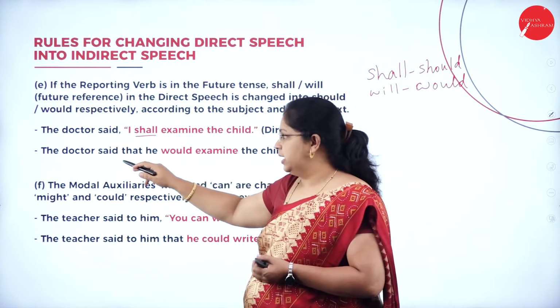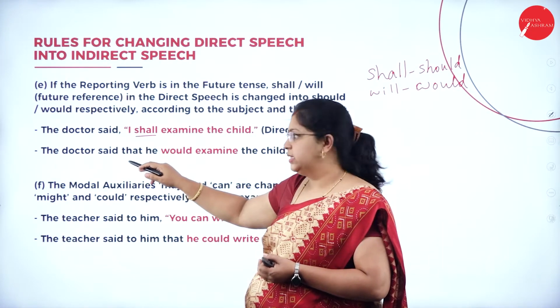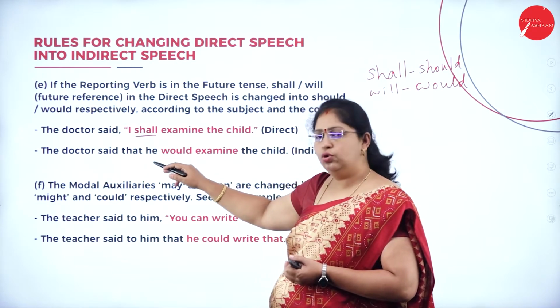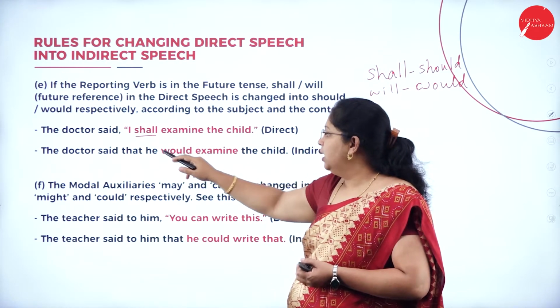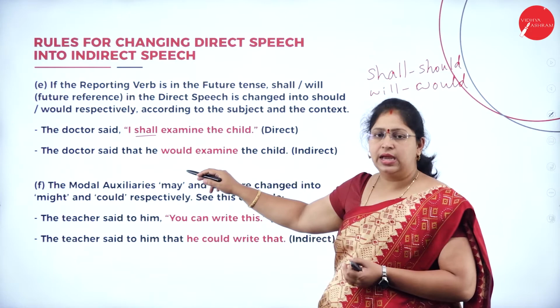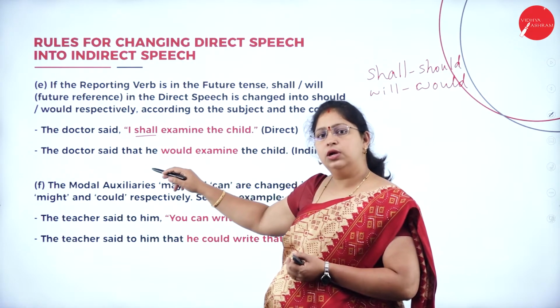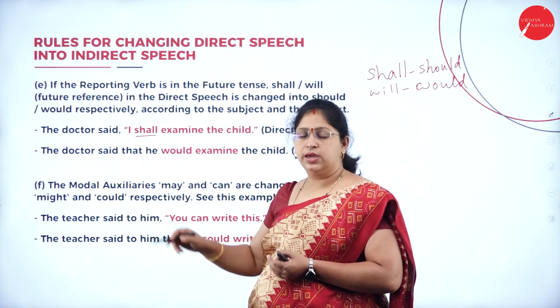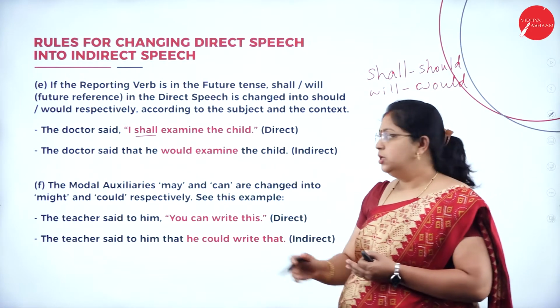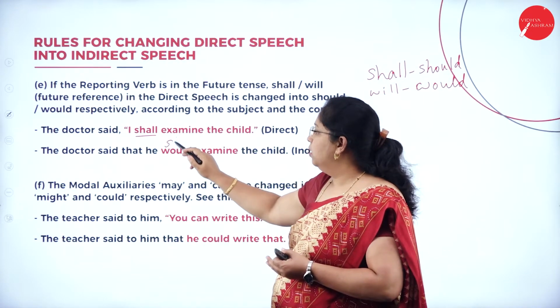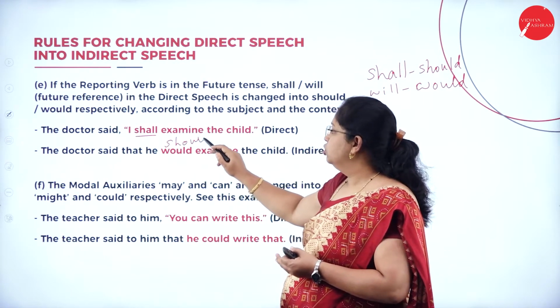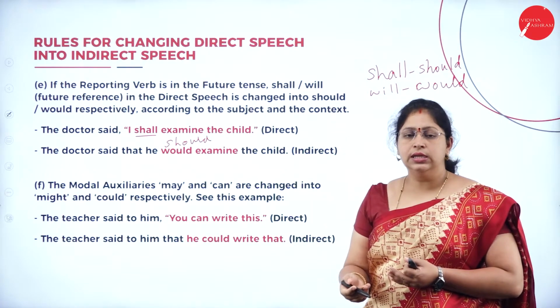So the doctor said, the comma is removed, that has come, I has changed to he, shall has changed to would examine. So it can be would or should sometimes. Both are acceptable. You can write either would or should based on the sentence.